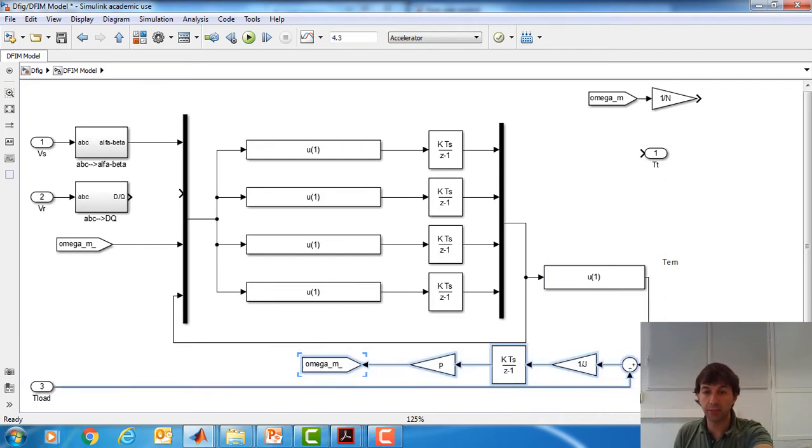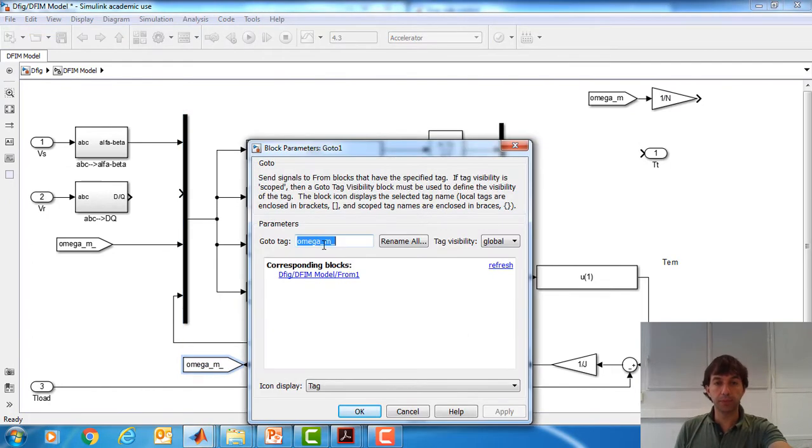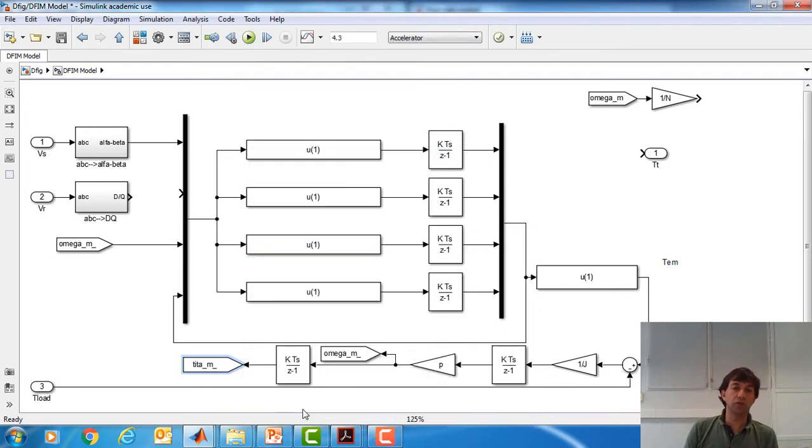We have omega, the speed in electrical radians, but we will need also the angle theta. So we need to integrate again, and that will be theta m, in order to do the transformations from different reference frames.